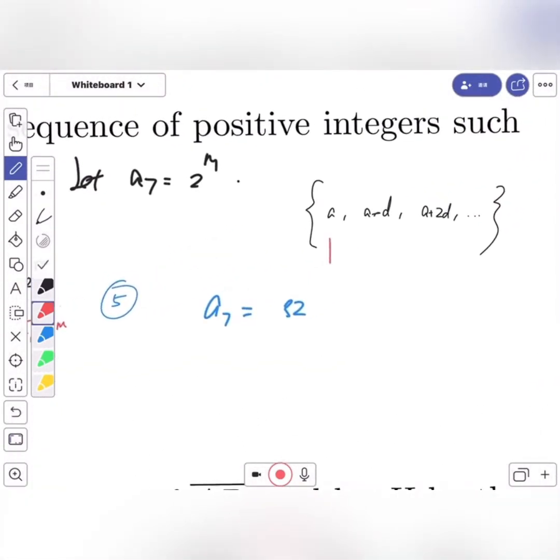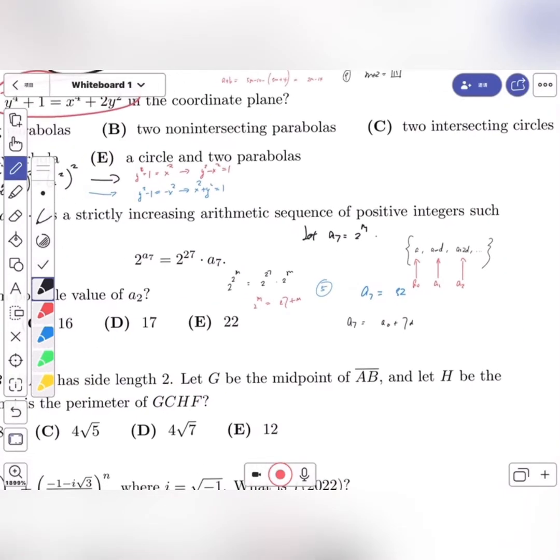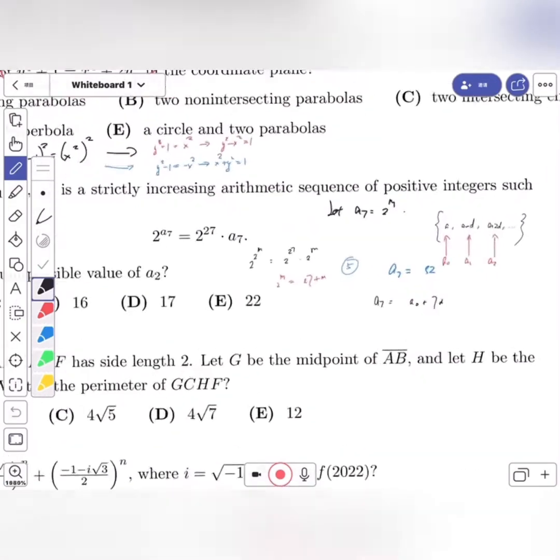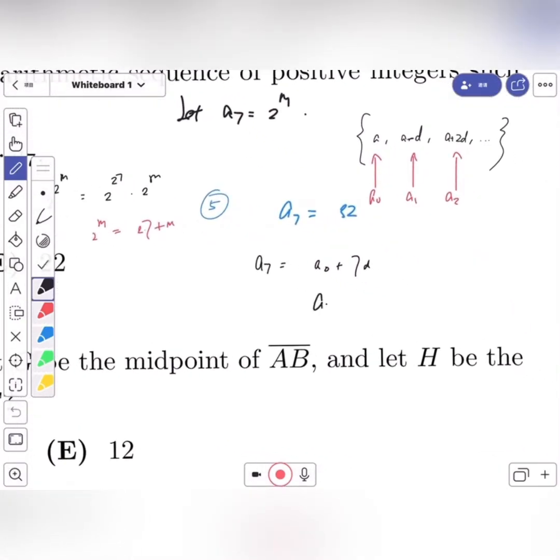Now this one actually corresponds to a sub 0, this one corresponds to a sub 1, this one corresponds to a sub 2. So basically, from here we can see that a sub 7 is actually equal to a sub 0 plus 7d. But we actually want to find the minimum value of a sub 2, which is a sub 0 plus 2d.